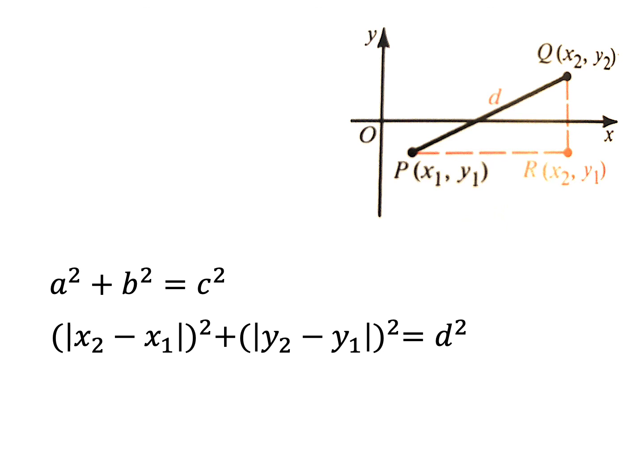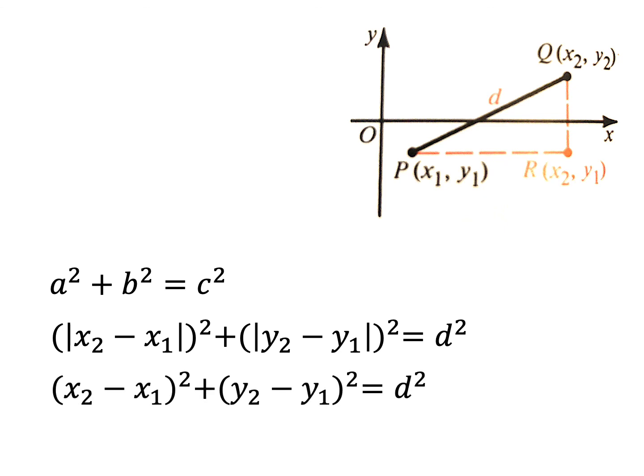Notice I'm doing x2 minus x1. I don't care if that answer is positive or negative because the next thing I do is square it, and that will immediately make the answer positive. So it wouldn't be wrong to leave the absolute values in there, but I'm going to choose to get rid of them because I know when I square their difference, x2 minus x1, it doesn't matter whether the answer is positive or negative, because when I square it, that answer will be positive.